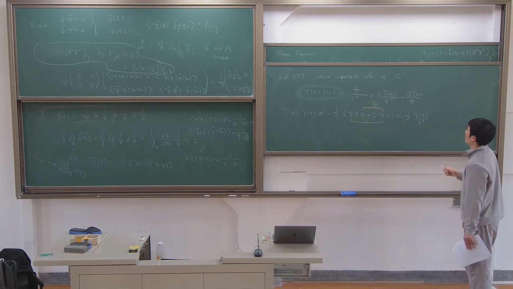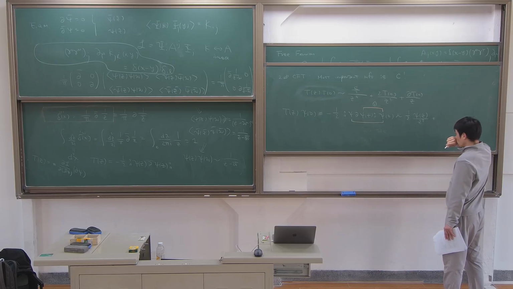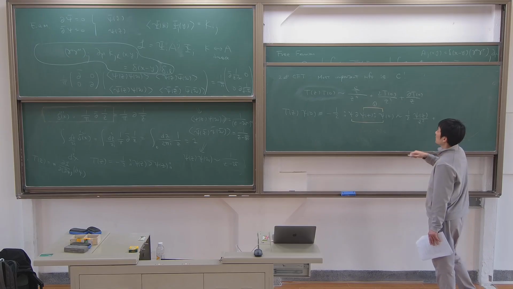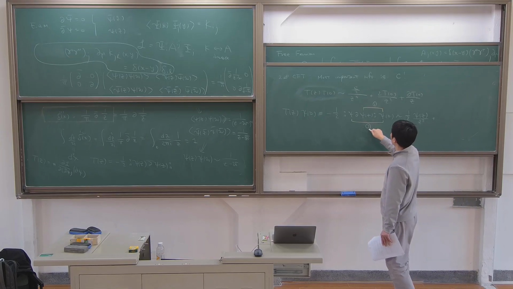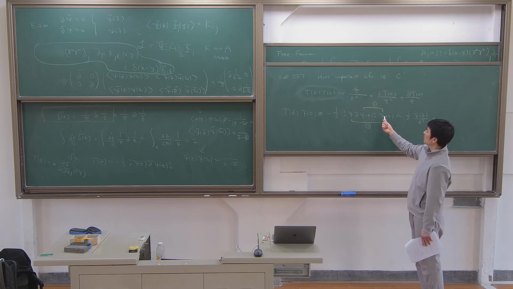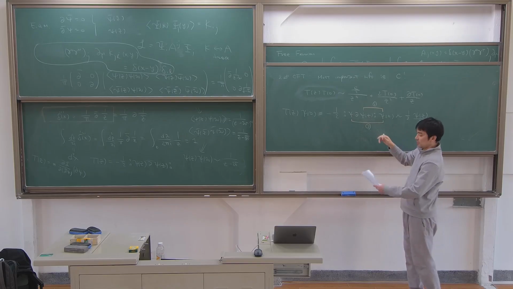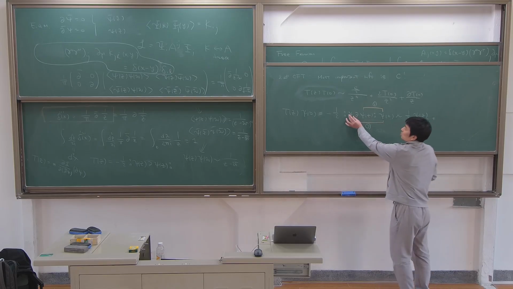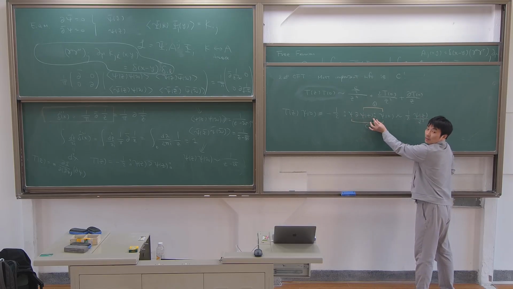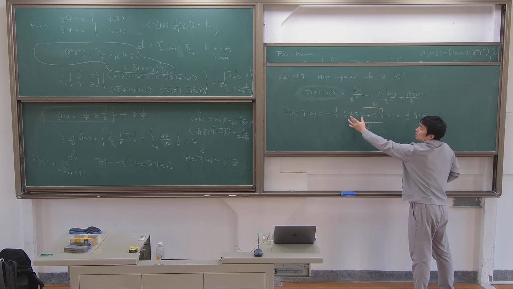Is that okay? And plus the second one is like this way. If you do the OP between this one and this one, you have to bring this one into the left. In that case, this side is exchanged by this dot side.